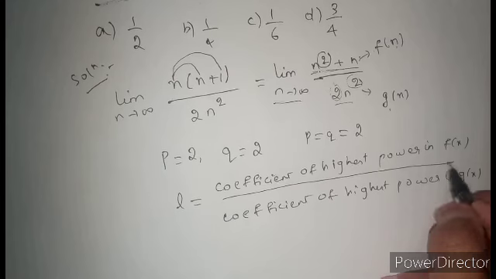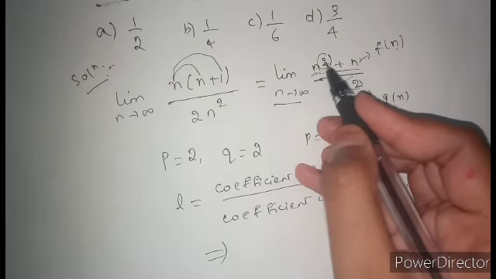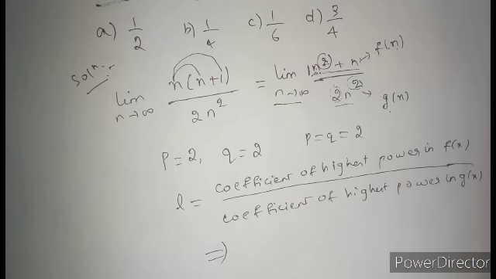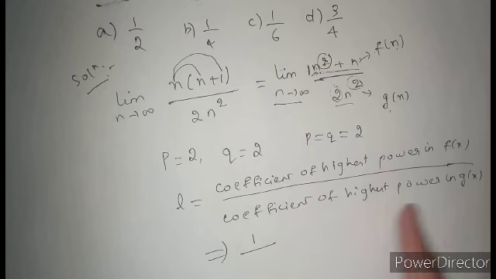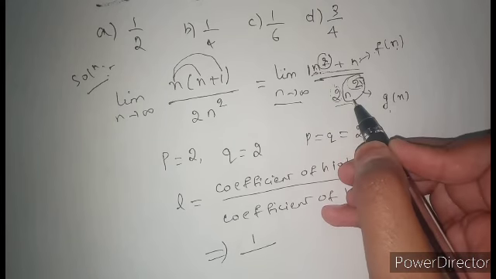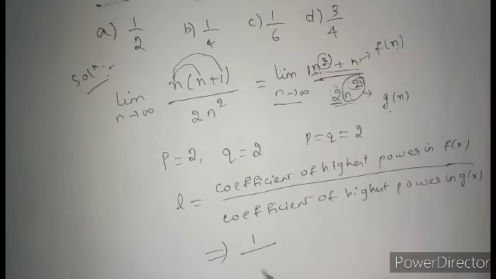So this is the highest power in f of x. The coefficient is, if there is nothing, that means 1, right? So 1. Coefficient of highest power in g of x: in the denominator, n square is the highest, and its coefficient is 2. So we have got 1 by 2. So option A is correct.